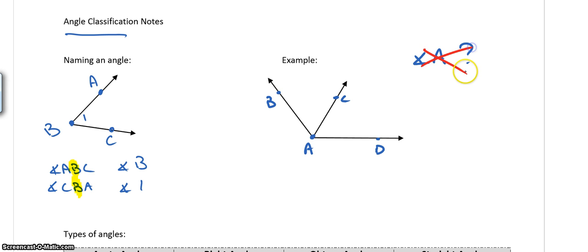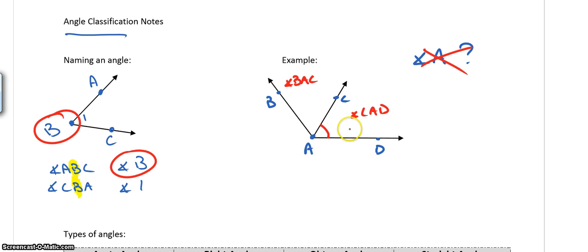The answer is no. The reason is there are multiple angles at vertex A. We have angle BAC, which we could also call angle CAB, and we have angle CAD right here, which we could also call DAC. So you can use the single letter only when there's one angle at that vertex. If you have multiple angles at the vertex, it's not going to work.